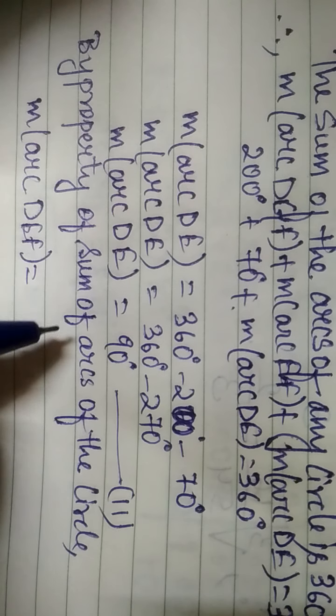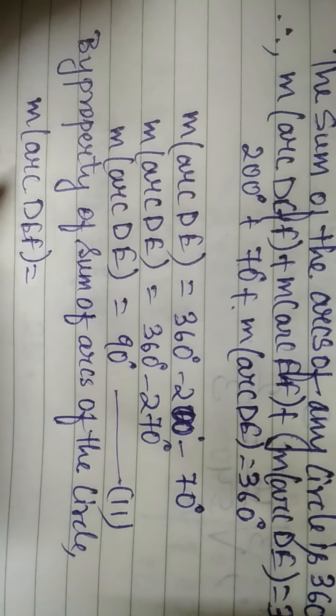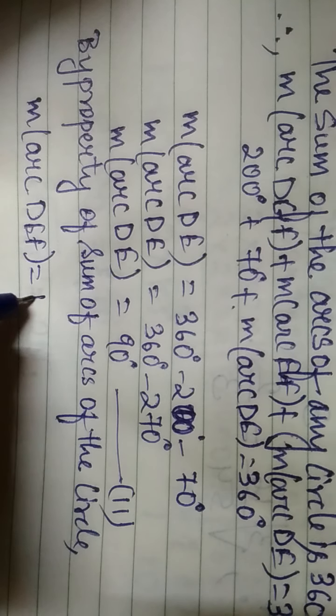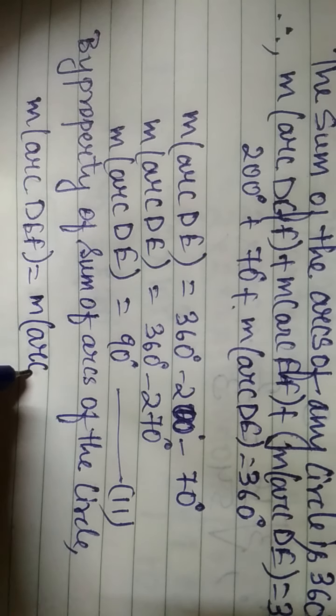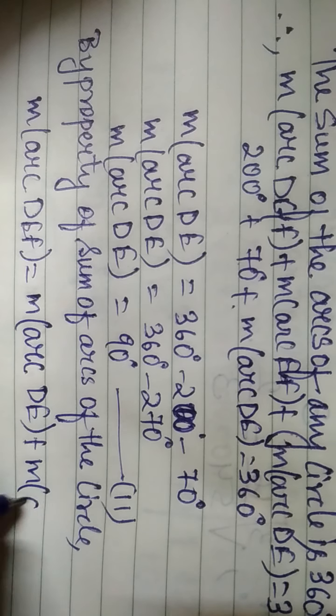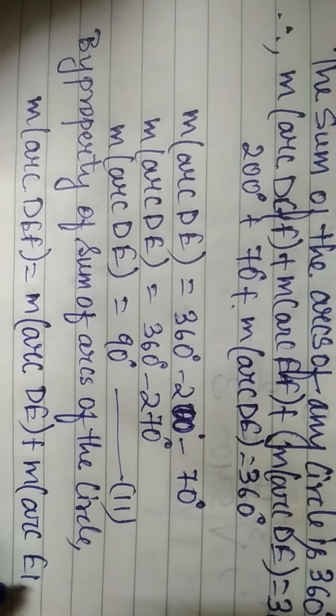Now by the property of sum of arcs of the circle, the measure of arc DEF is the addition of the arcs, that is measure of arc DE plus measure of arc EF.